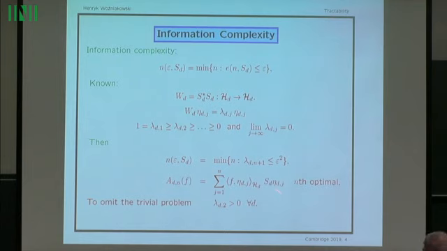So we have a sequence of eigenvalues of this operator. By compactness, we know that the limit of them is 0. And it turns out that the information complexity is the first index n such that the eigenvalue lambda_{d,n+1} is less than or equal to epsilon squared. And this is the optimal way. What can we do in the Hilbert space setting? Just take the first inner products, and that's the best possible way. So this algorithm is linear.